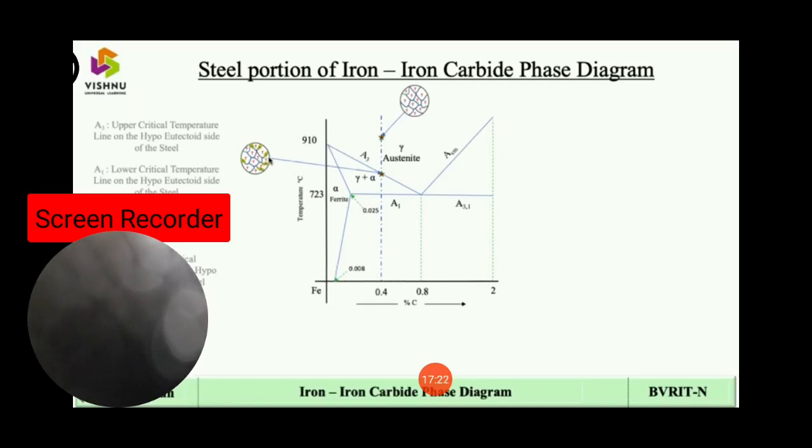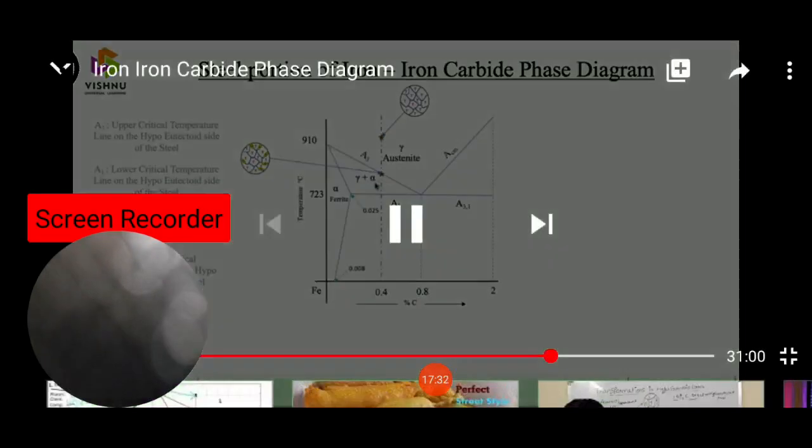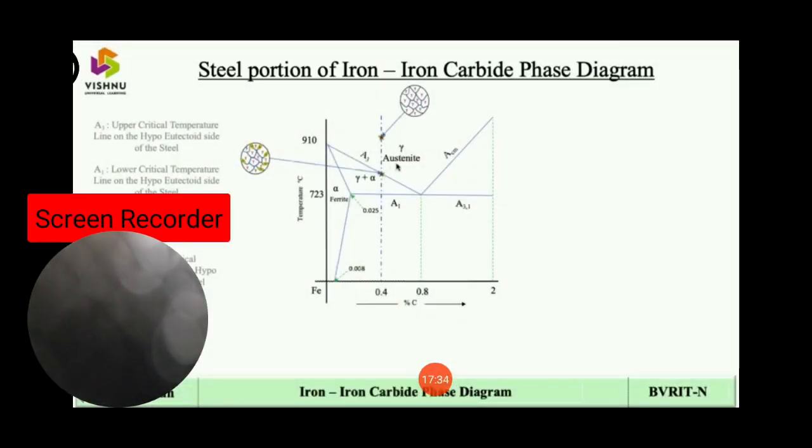The rest of the carbon which has come out from the gamma iron will be absorbed by the other gamma iron or austenite, and that is how the austenite will increase its carbon content and try to attain the eutectoid composition, which is 0.8. It only dissolves 0.025 percentage of carbon in order to form alpha iron. And this alpha iron which is formed will grow in size from this point until it cools to this point.